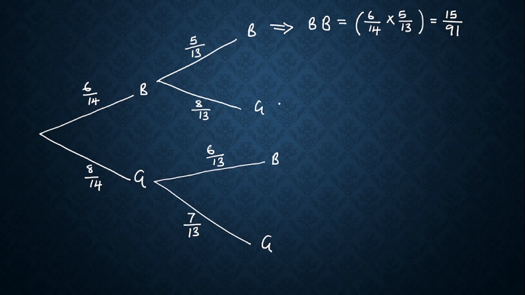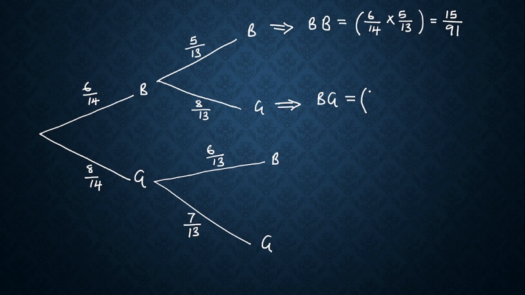Let's assume that of the two pupils that we are picking, you pick a boy and a girl. A boy which is 6 over 14 and a girl which is 8 over 13.